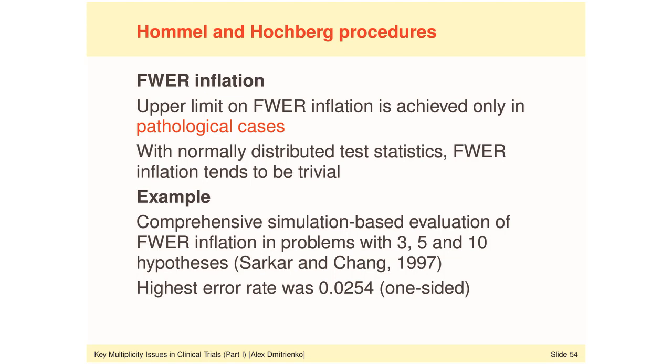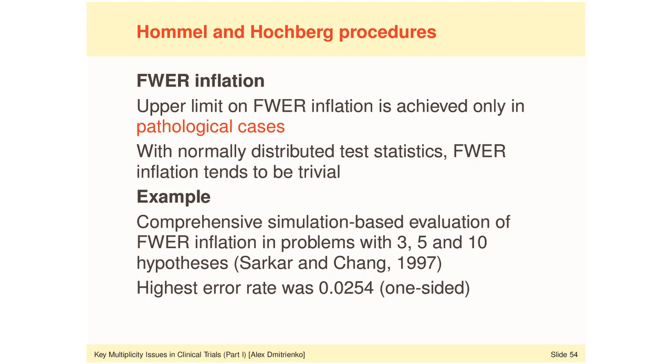The authors focused on the type 1 error rate associated with the Simes global test in problems with 3, 5, and 10 hypotheses, under the assumption that the hypothesis test statistics follow a multivariate t-distribution, and with a one-sided alpha of 0.025, which is what we normally use in phase 3 clinical trials.